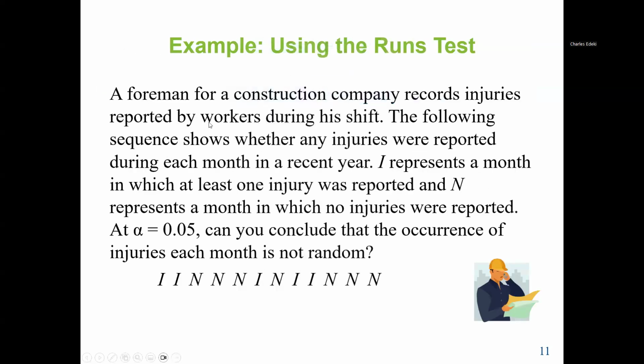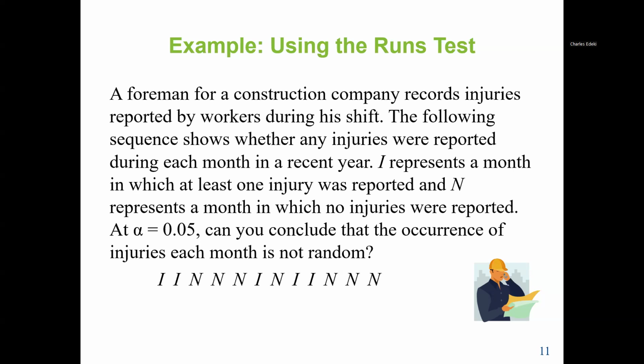So now let's see the example here. A foreman for a construction company records injuries reported by workers during his shift. The following sequence shows whether any injuries were reported during each month in a recent year. I represents a month in which at least one injury was reported, and N represents a month in which no injuries were reported.